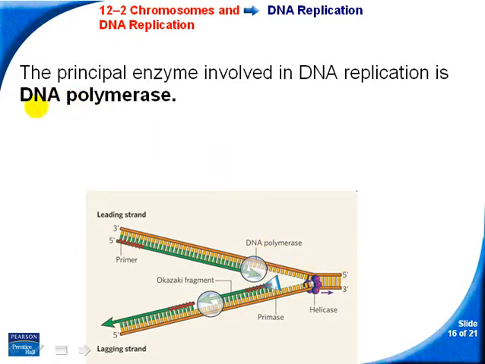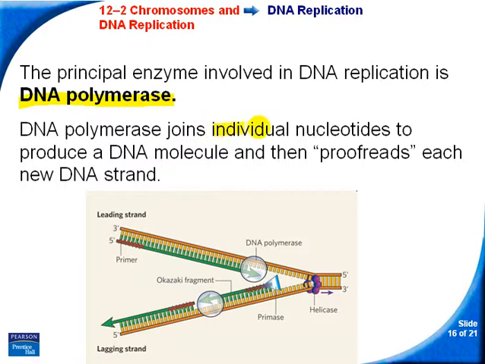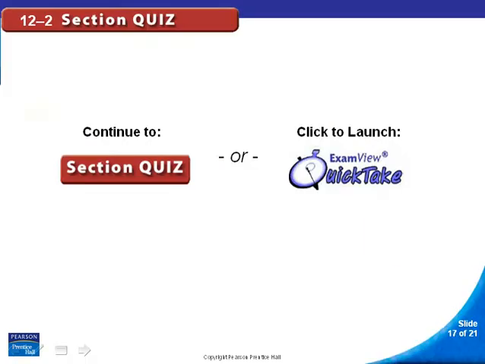Then DNA polymerase joins the individual nucleotides to produce a new DNA molecule, and then it actually proofreads it to make sure it got it right. So you can see here's one DNA polymerase, here's the other DNA polymerase, here's helicase right there, unzipping it, and the copying is going in this direction and in that direction.